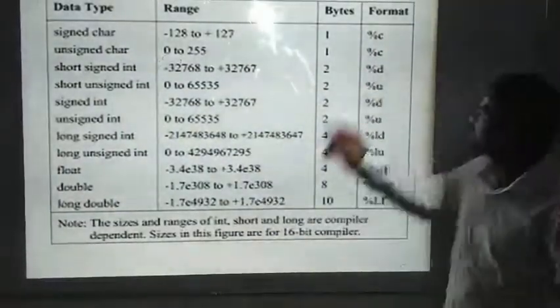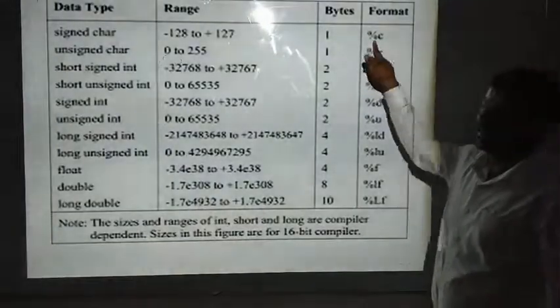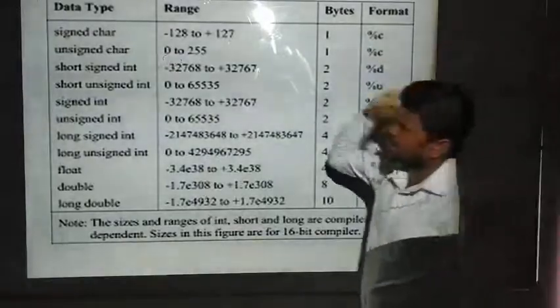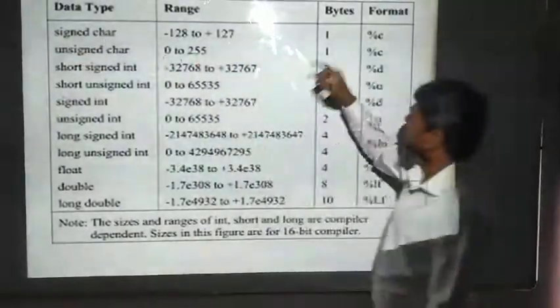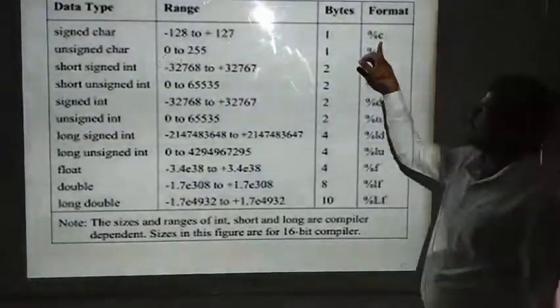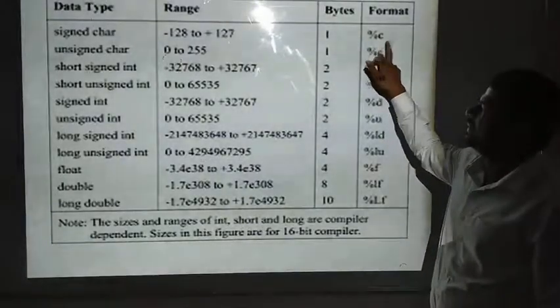Format specifier means we are specifying which type of data. By looking at this, we can understand, but for the compiler we have to mention percentage C, which means the compiler understands that it is a signed character data type.